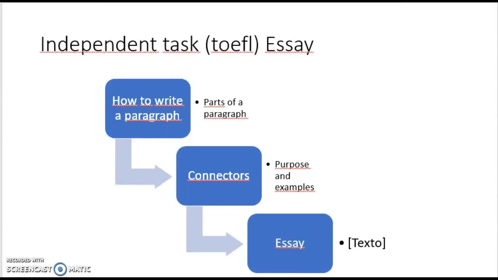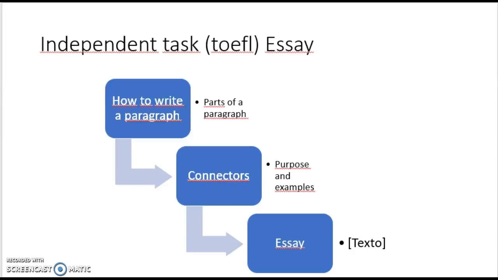Well, as we have seen so far, there are two different tasks to develop inside a TOEFL exam, but we want to look deeper into the independent task. That means that we are going to explain three parts of how to be successful in an essay.